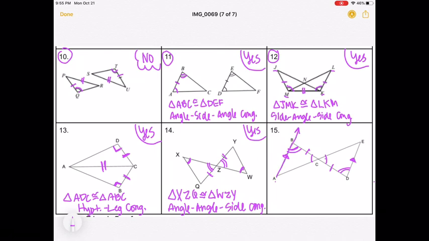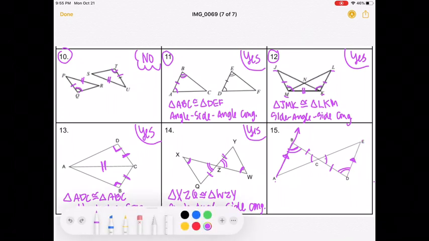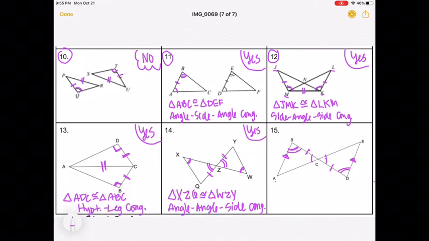So really, these are parallel lines. They're just not showing that they go on forever, okay? They can still be parallel though. All right, so now let's see if that's enough. So I have angle, side, angle. Well, yes, that's one of our statements, so that will work, okay?